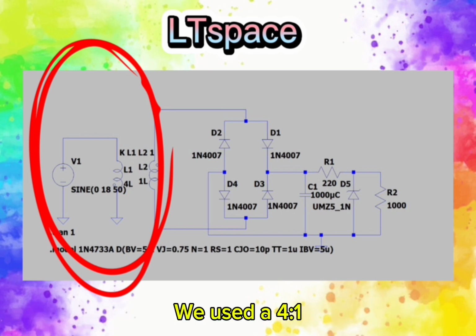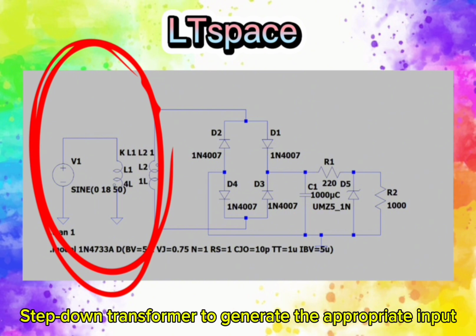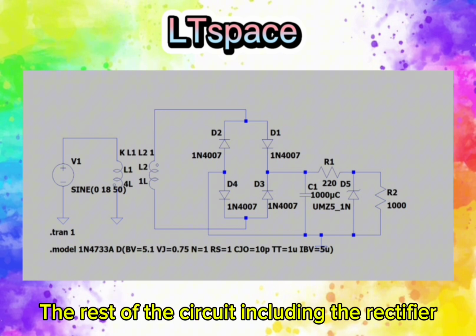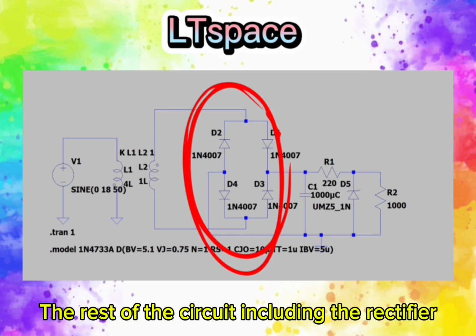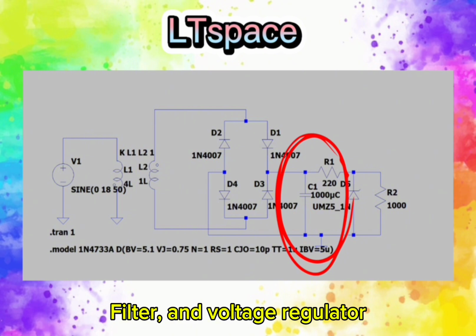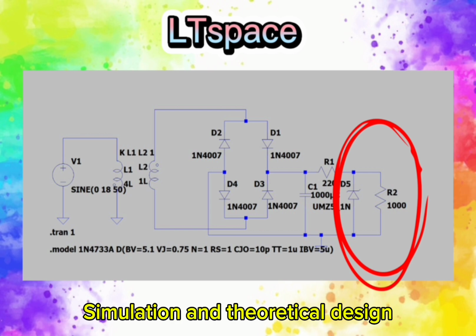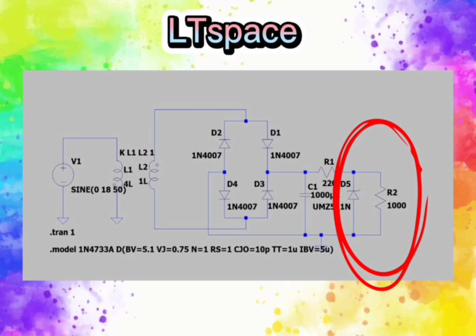We use a 4-to-1 step-down transformer to generate the appropriate input peak voltage. The rest of our circuit, including the rectifier, filter, and voltage regulator, uses the same component values as in our Tinkercad simulation and theoretical design.